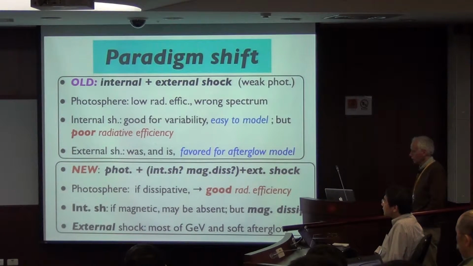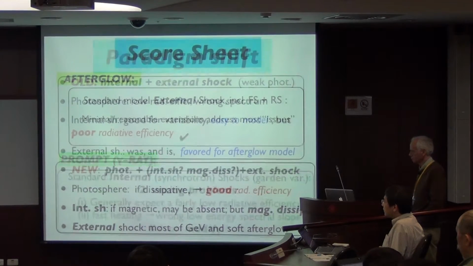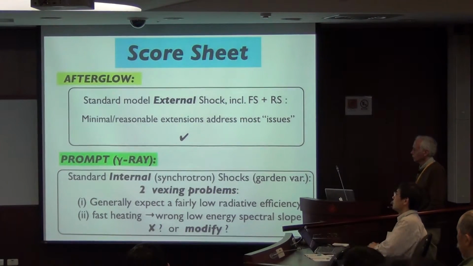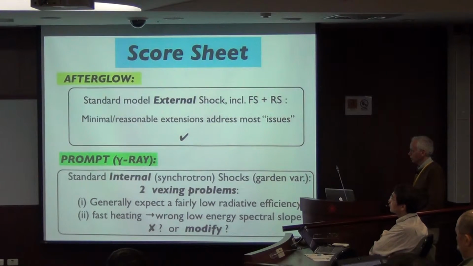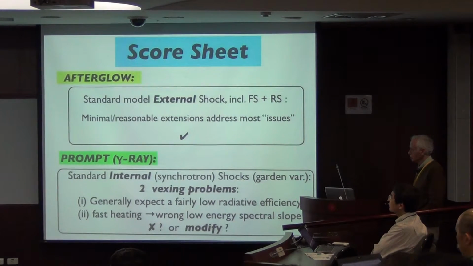And so you can have the photosphere being strong and the external shock being strong. So there have been models in the past 5 years that have explored these avenues. So the score sheet then is for the afterglow. The standard model of the external shock, forward shock and reverse shock, is fine. It works very well. Minimal reasonable extension addresses practically all issues.